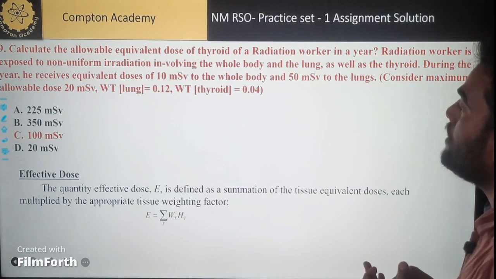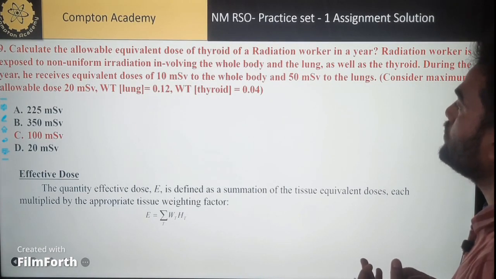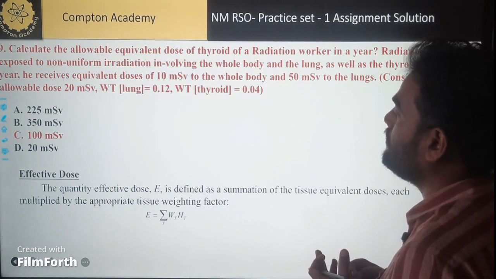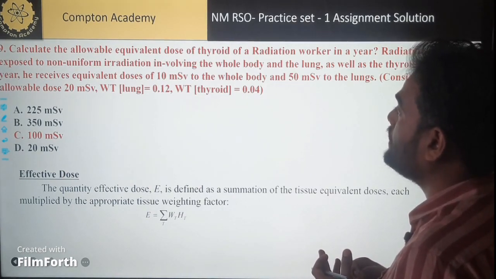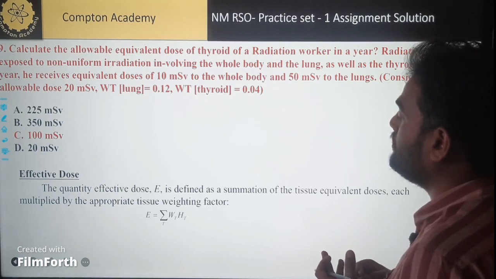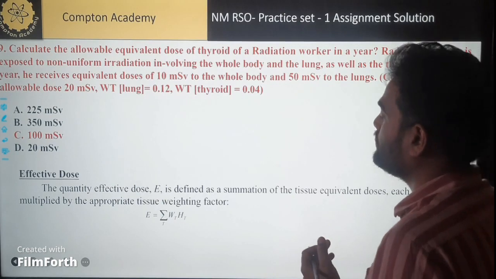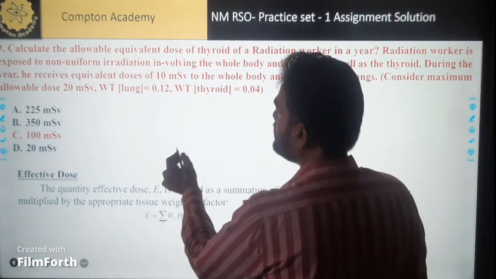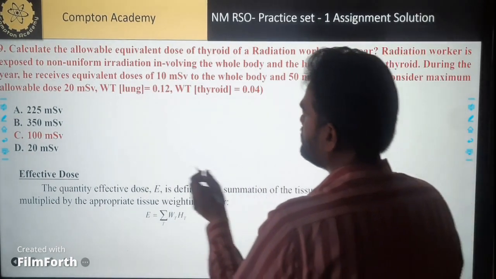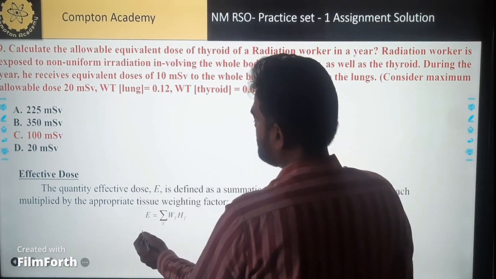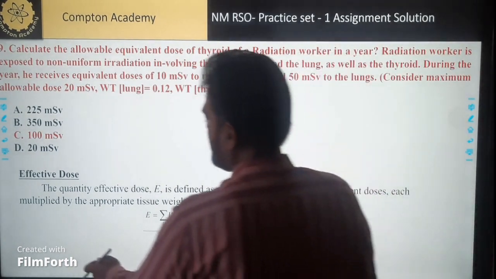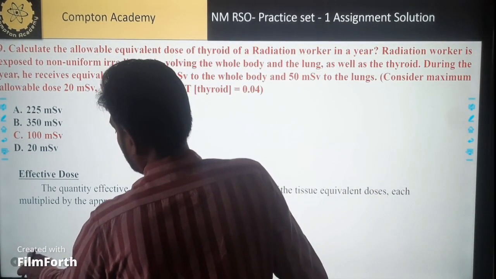So here we have to calculate the equivalent dose to the thyroid. Effective dose for particular organs is defined as the equivalent dose multiplied by the tissue weighting factor. So we will use this formula of the effective dose and then calculate for the thyroid.